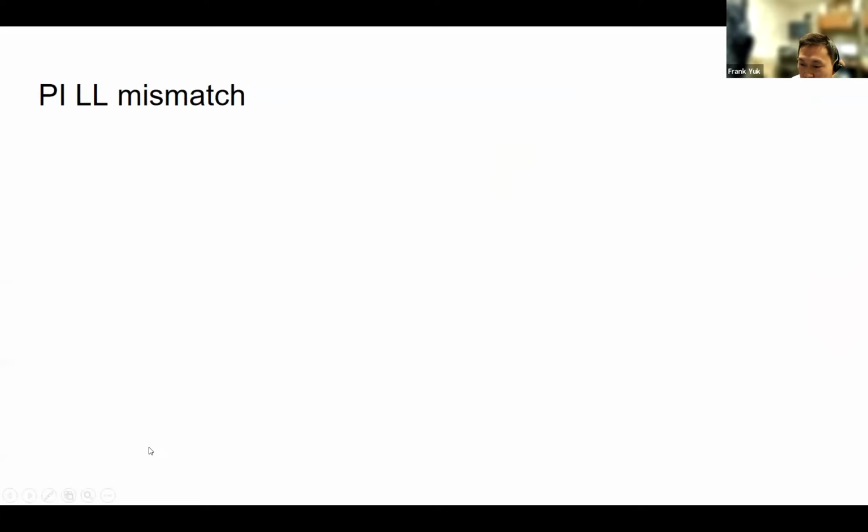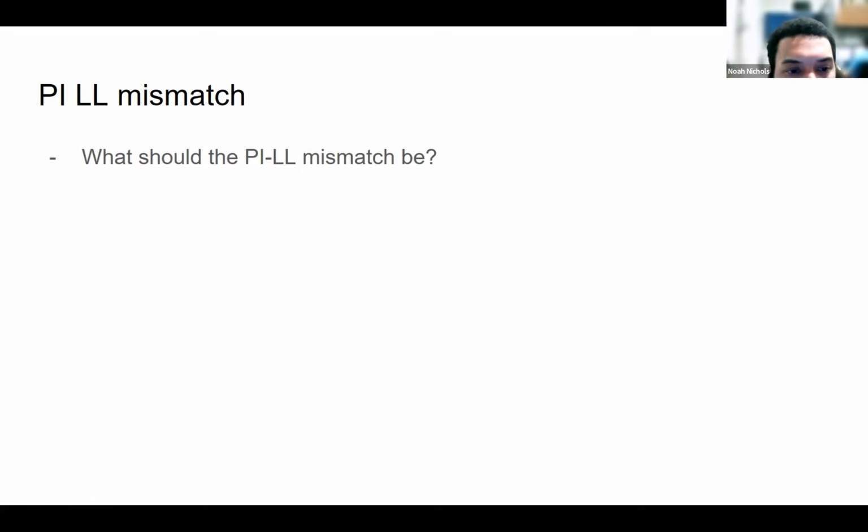And so we often talk about a PI and LL mismatch when we're looking at deformity cases. So Noah, what should a PI-LL mismatch be for a patient to be considered balanced? Oh, can everybody hear me? Yeah. Okay.